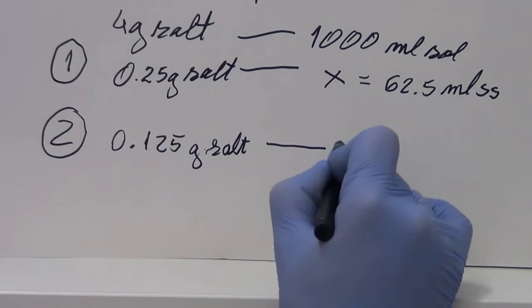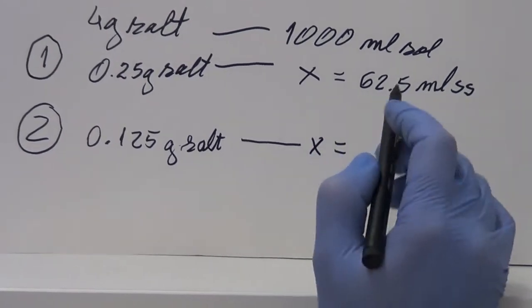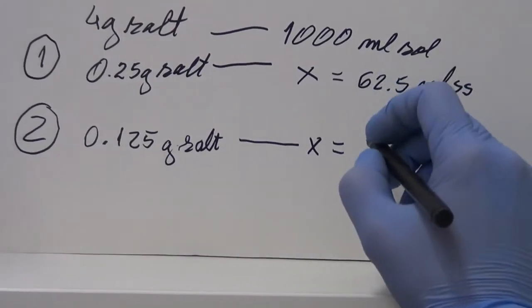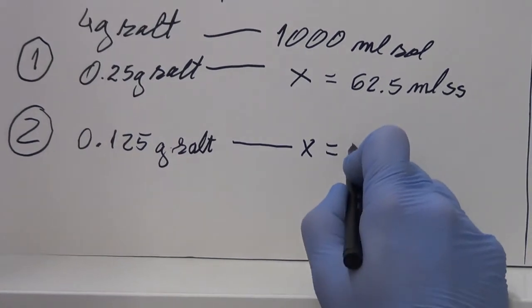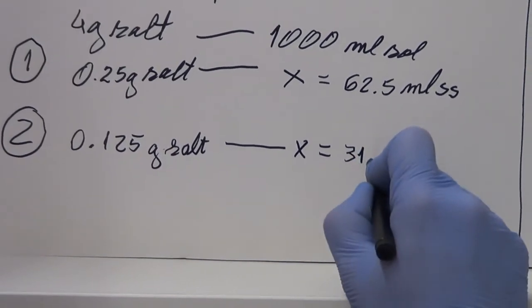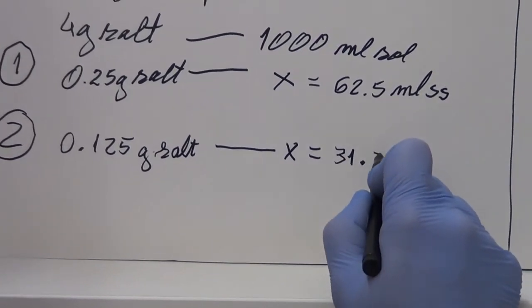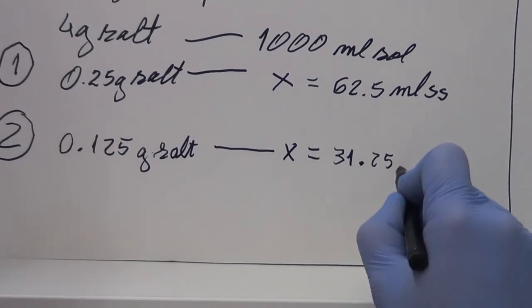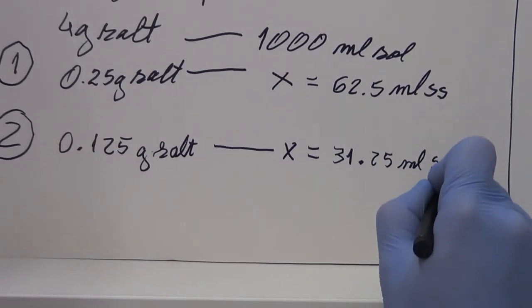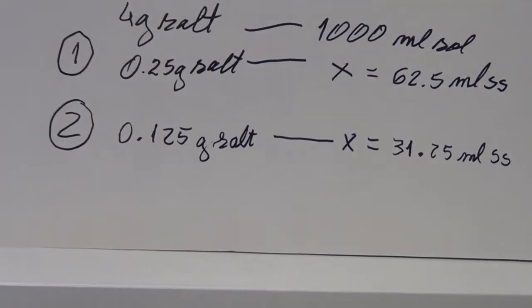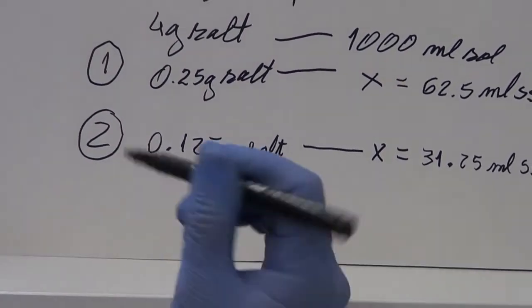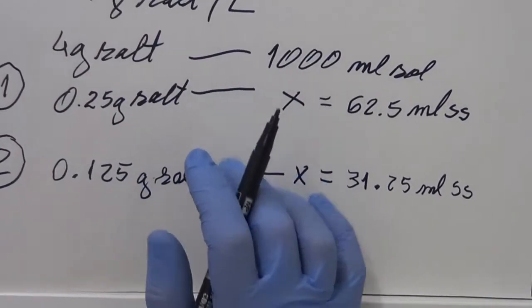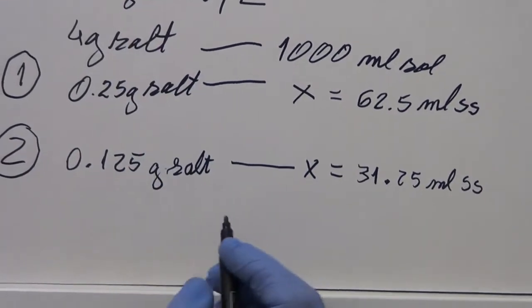How much do we need of stock solution? In this case, we need exactly half, that is 31.25 milliliters of stock solution. So we have exactly the amount we need of stock solution for each part.